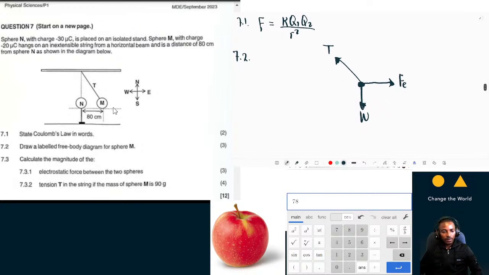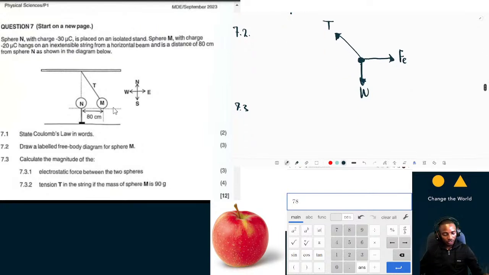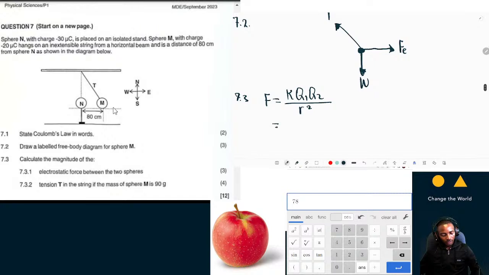Okay. Then 7.3. We need to calculate the magnitude of the electrostatic force between the two spheres. All right, so using Coulomb's law, F is equal to K Q1 Q2 over R squared. Then K is 9 times 10 exponent 9.